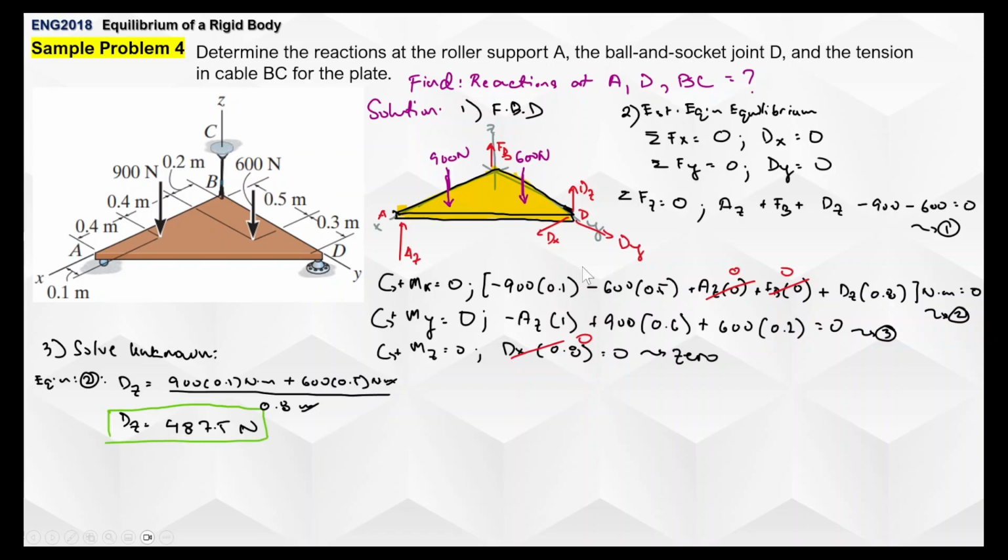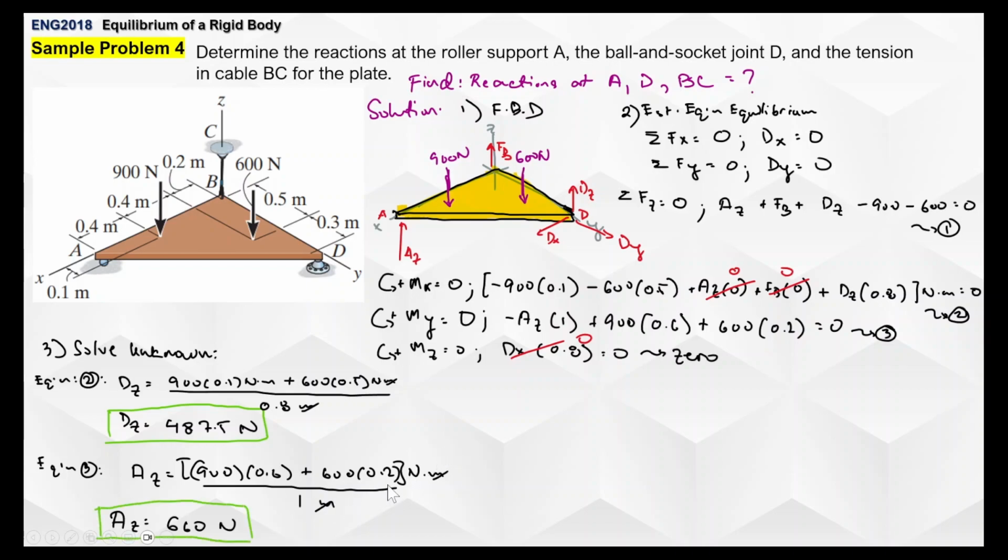So meaning our orientation here is correct. For equation 3, we can now determine az, and if you arrange the equation, you will yield this particular equation. So that's 900 times 0.6 plus 600 times 0.2 newton meter divided by 1 will give you 660 newtons.